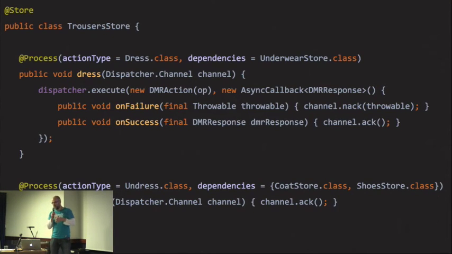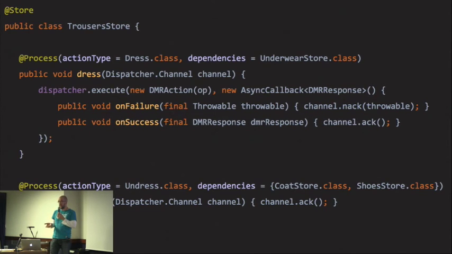And so, for instance, a trouser store would then be annotated with an annotation. This whole concept is backed by an annotation processor, which generates the necessary code. In your store, you have different methods, and you annotate the methods with process annotations.